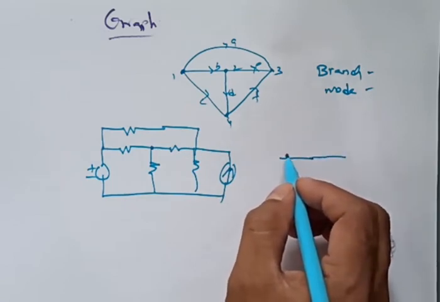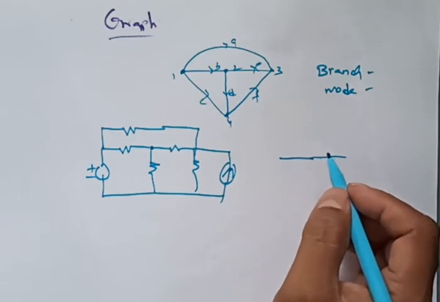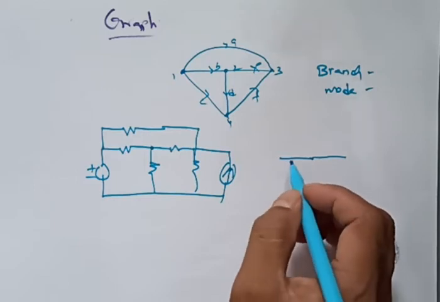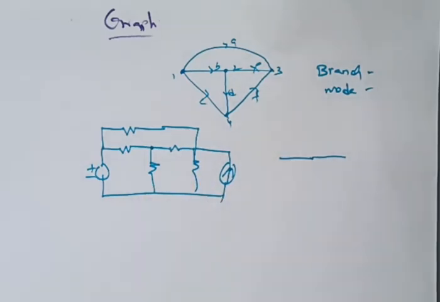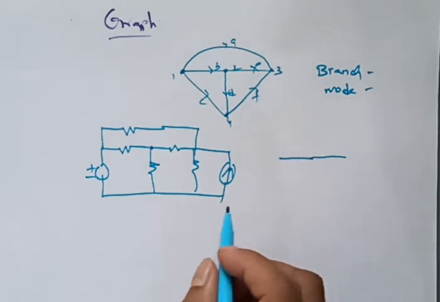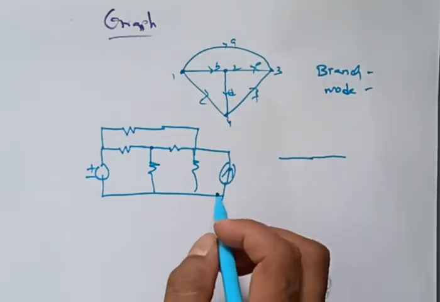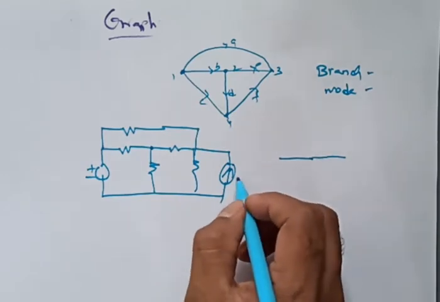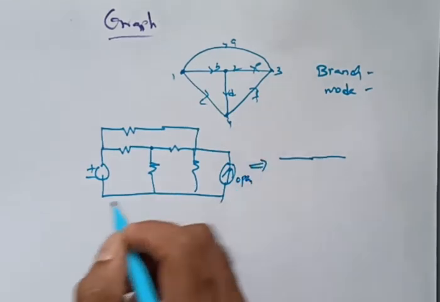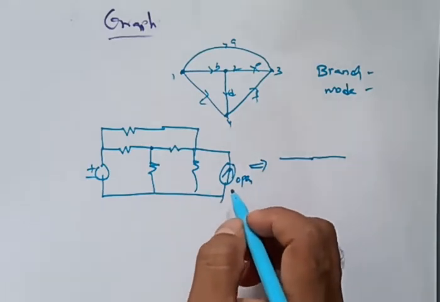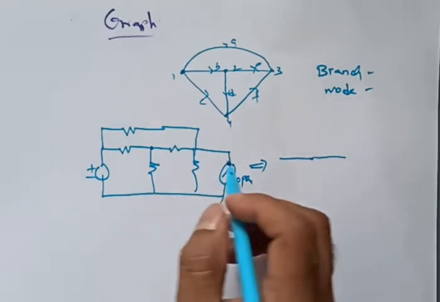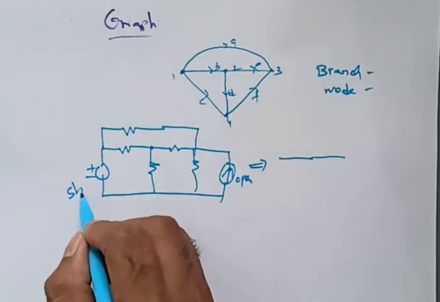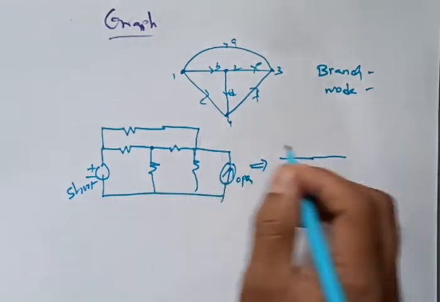But there is one condition while taking the active sources. If you want to replace a voltage source, you have to take a short circuit path, and for a current source, we assume an open circuit. So while drawing the graph, if any network has current sources, they must be represented with an open circuit, and any voltage source with a short circuit.